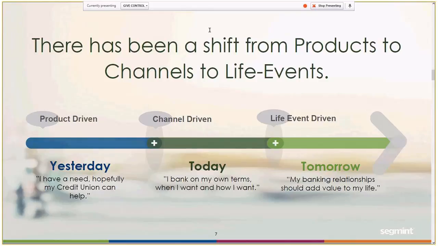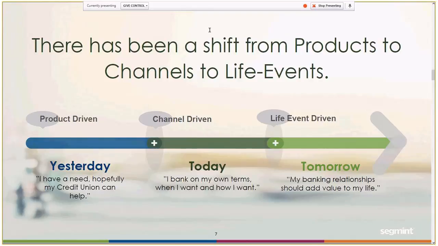And now we're seeing, it says tomorrow, but we're really already seeing a new expectation of our members coming about and being more prevalent. And that's really around the expectation that our members have around making the relationships with the institution add value to my life, right?